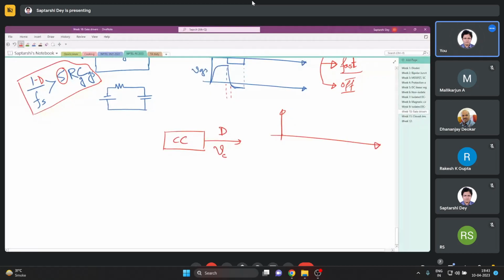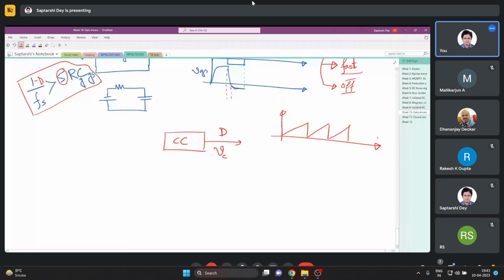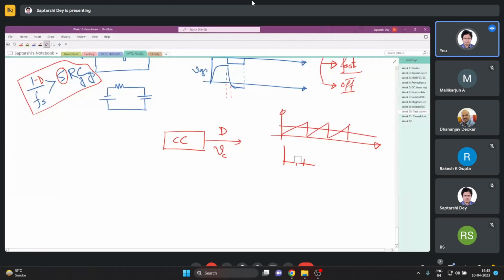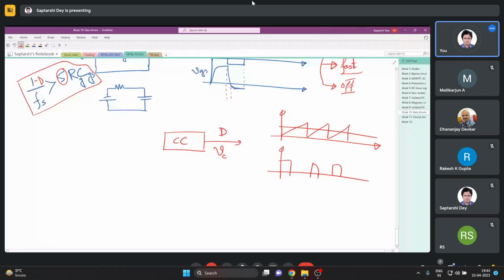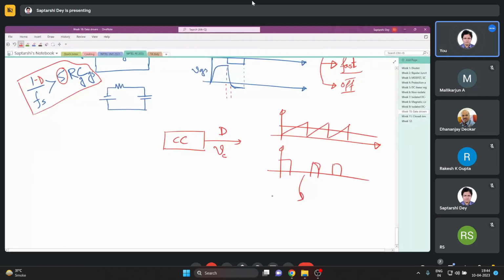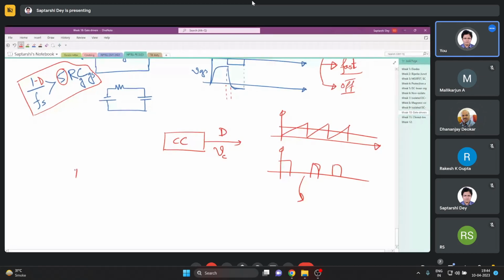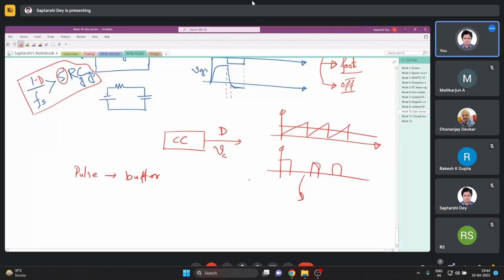Now we compare that with a sawtooth and generate a pulse like this. This pulse is then fed to a buffer maybe, because the pulse is maybe coming from a microcontroller that cannot give that much current.